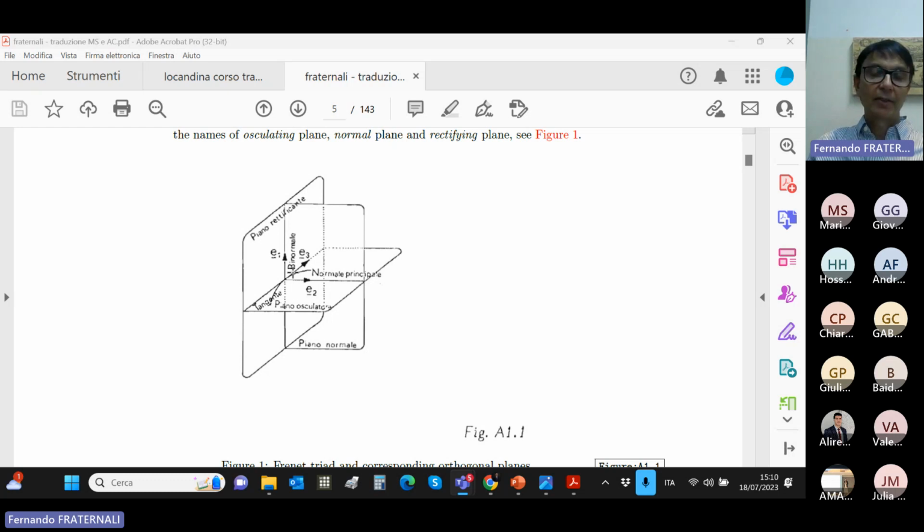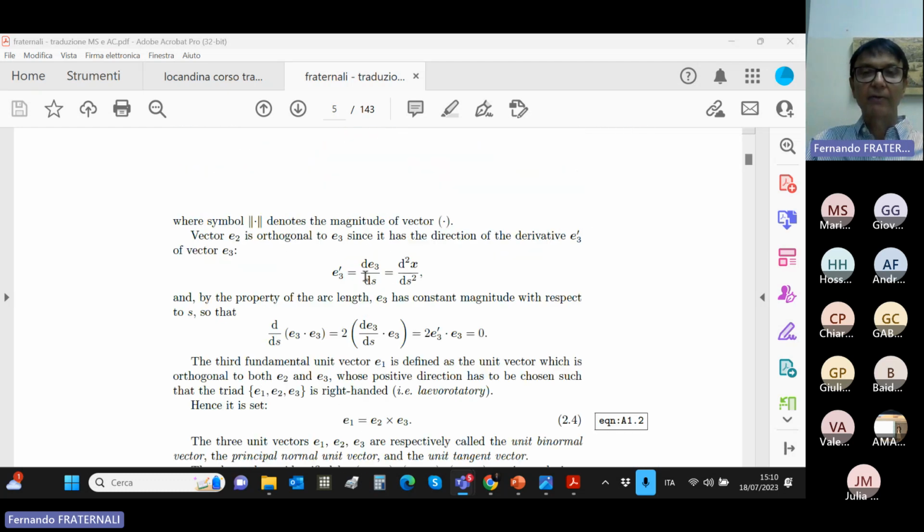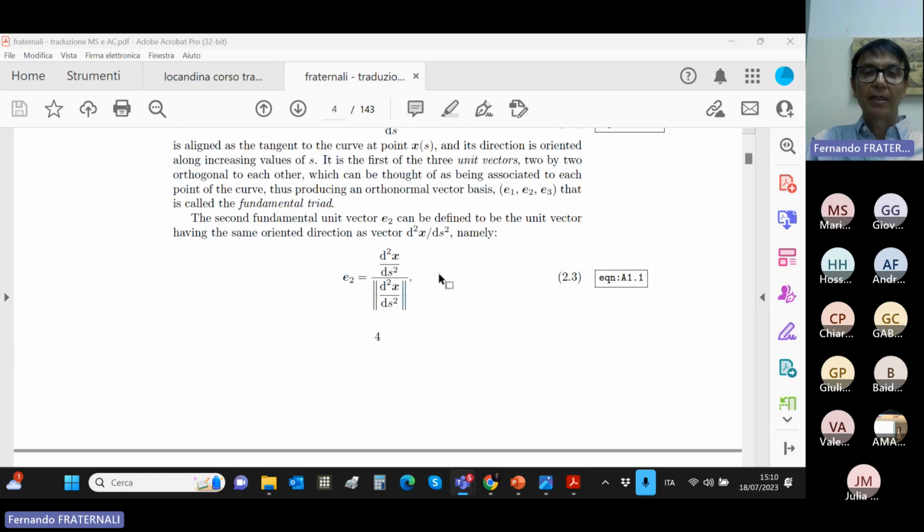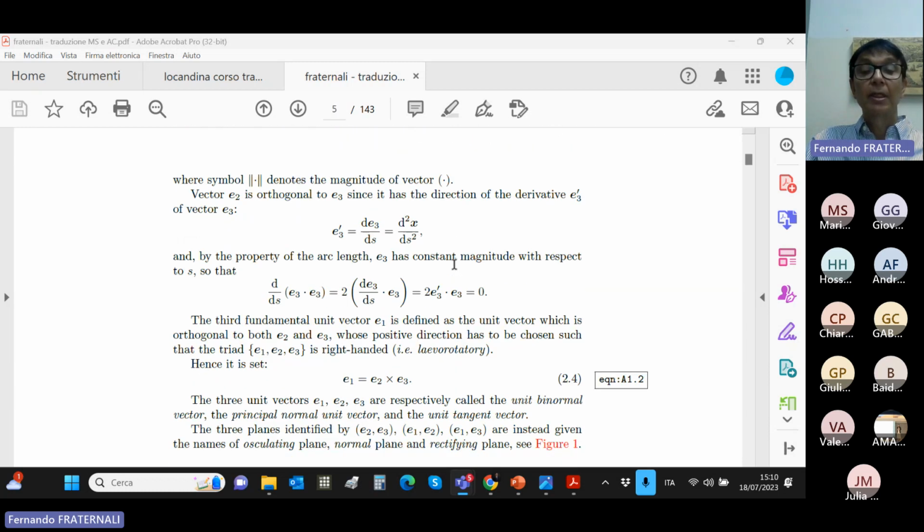One is the principal normal vector, E2, which is defined as the second derivative of the position vector with respect to the arc length, normalized: the second derivative of x with respect to s squared divided by the norm of this derivative.